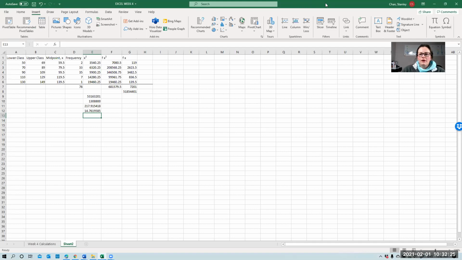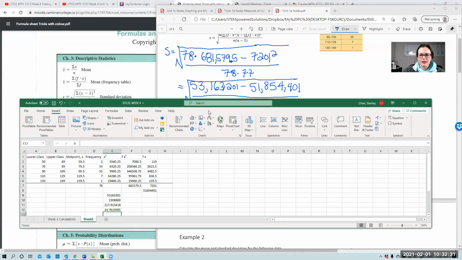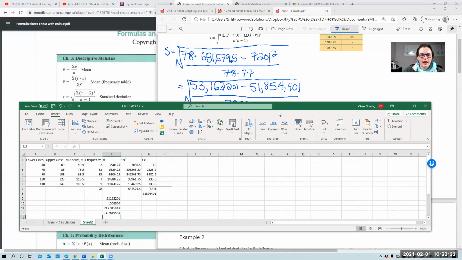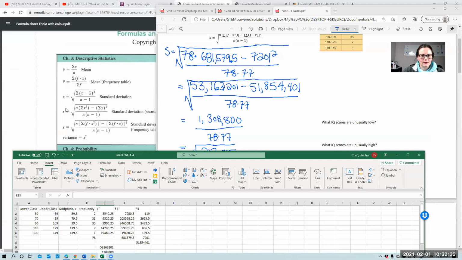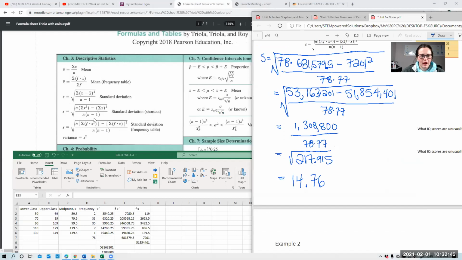So you could use Excel or you could use a calculator. Both ways get you the same information, and both ways we're using this formula on the formula sheet. So this is how to get a standard deviation from a frequency table.